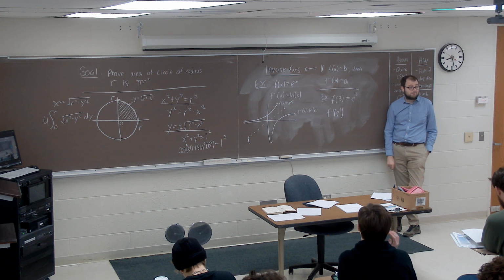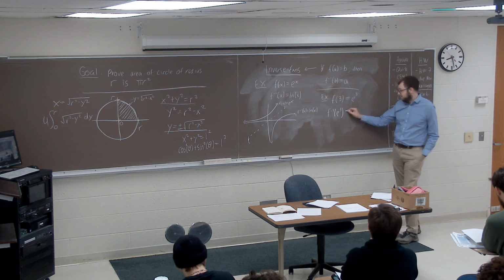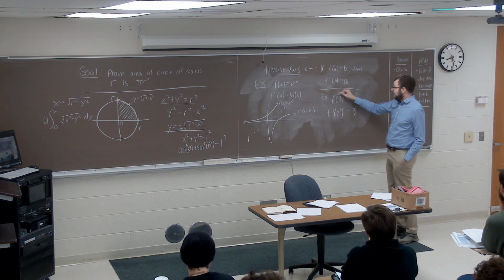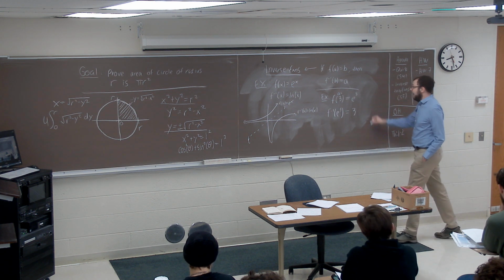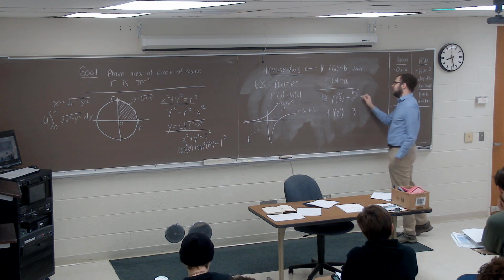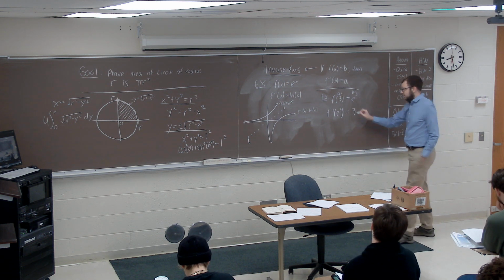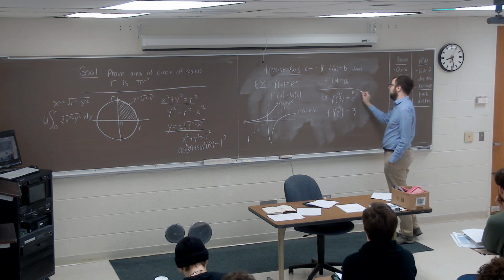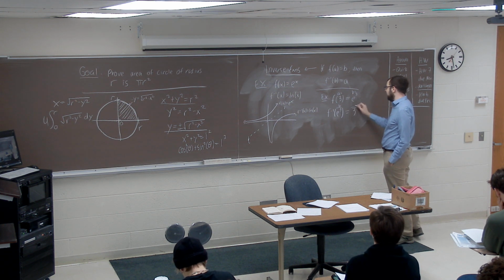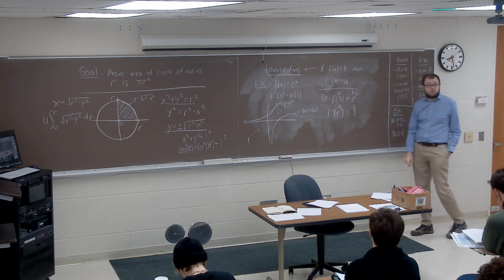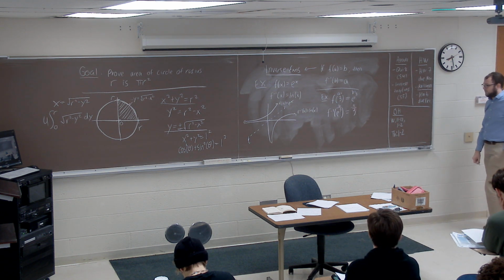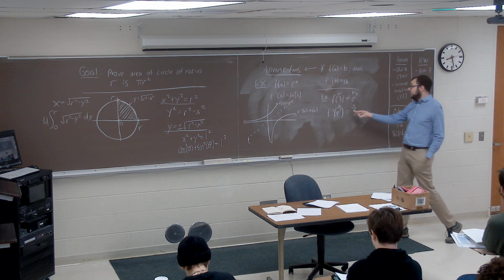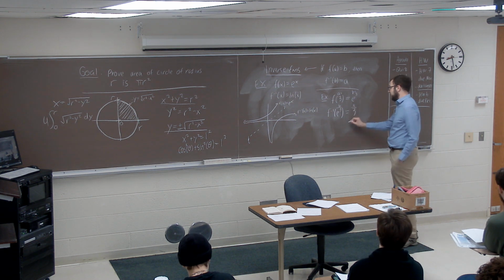Bethany? 3. Yeah, 3. Here, 3 is taking the place of our a, e cubed is taking the place of our b. So if f of a is equal to b, f inverse of b should be equal to a. And that's in fact how we even define the natural log function.